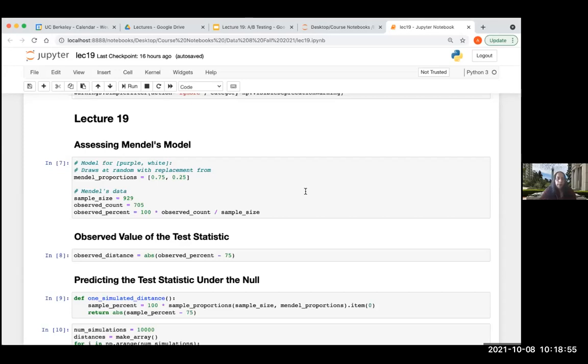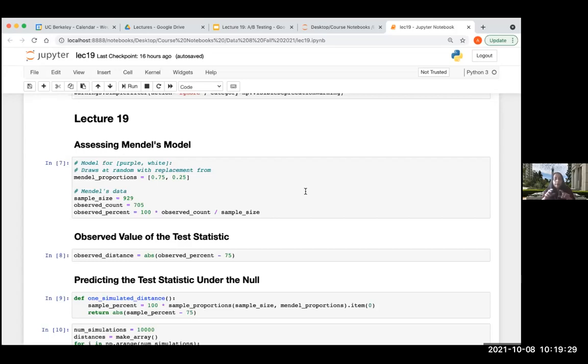Right, so we had to decide first, what is the statistic that we are going to use? And so what's he predicting? He's predicting 75% purple. So a natural thing to look at is what percent purple we got in our sample and compare with 75. Now, if the difference between these two numbers, what we observed and what Mendel is predicting, 75, was small, then we're going to say, oh, the data look consistent with the model.